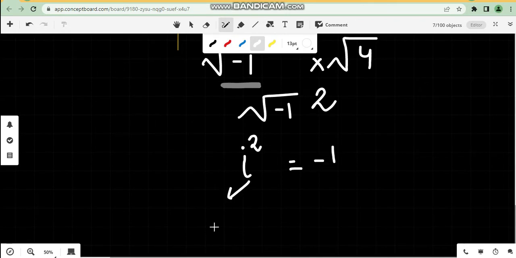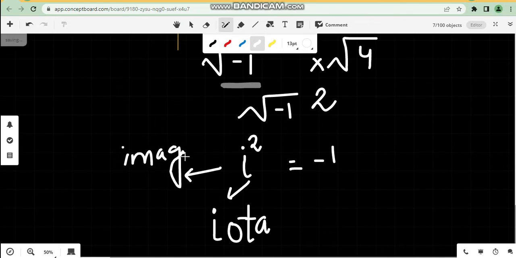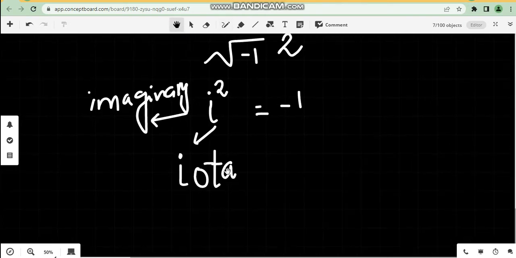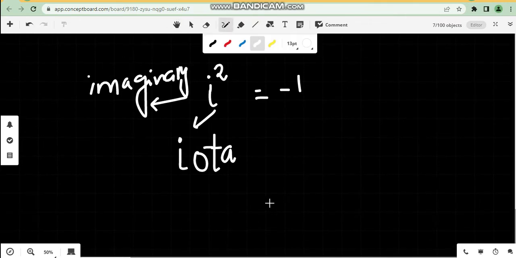Its name is iota. It's imaginary. Whenever -1 is under the radical sign, you can replace -1 by i square.